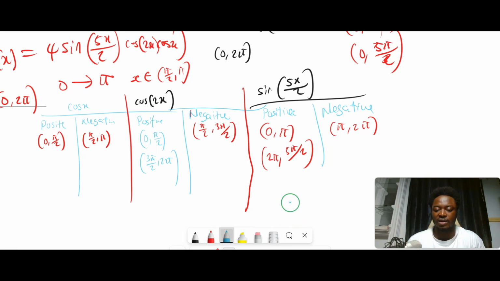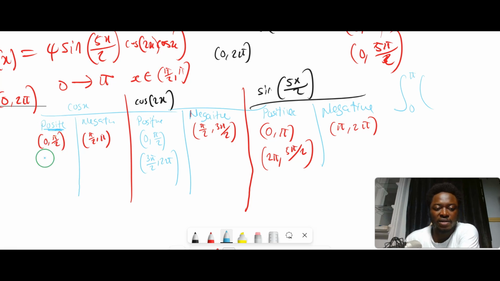We have the integral from 0 to pi of cosine of x, cosine of 2x, and sine of 5x over 2. Let's look at the interval from 0 to pi over 2 before we go to pi over 2 to pi.